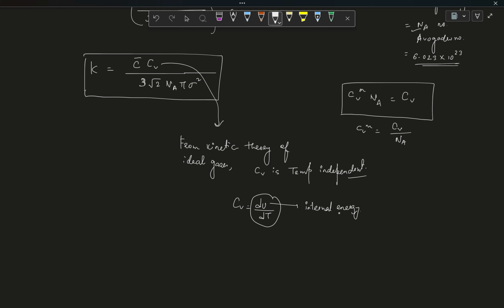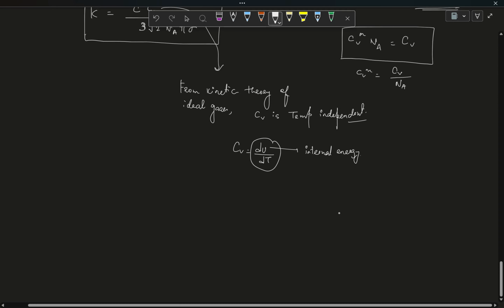Okay. And for internal energy, we used the equipartition theorem for the energy. By the equipartition theorem, the energy of a system is distributed such that per molecule per degree of freedom it will be half kT, right?